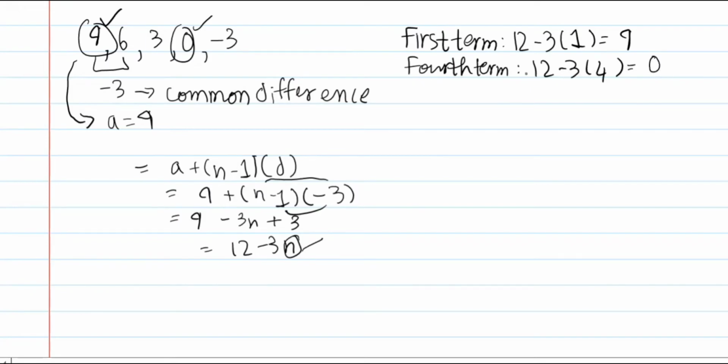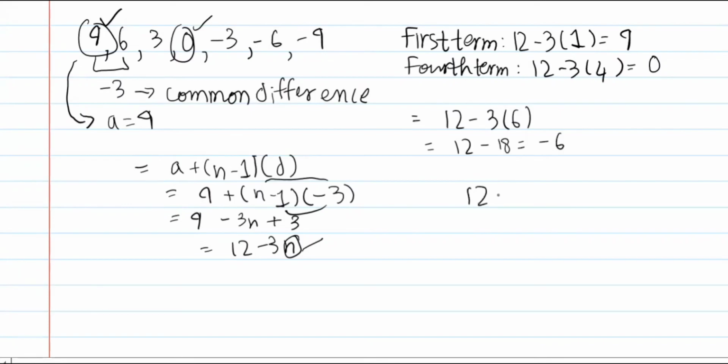And you can use this formula to find any term. For example, if we continue this series, we'll get minus 6 for the sixth term and minus 9 for the seventh term. You can check this by using this formula as well. 12 minus 3 into 6, which is 12 minus 18. 12 minus 18 is minus 6.